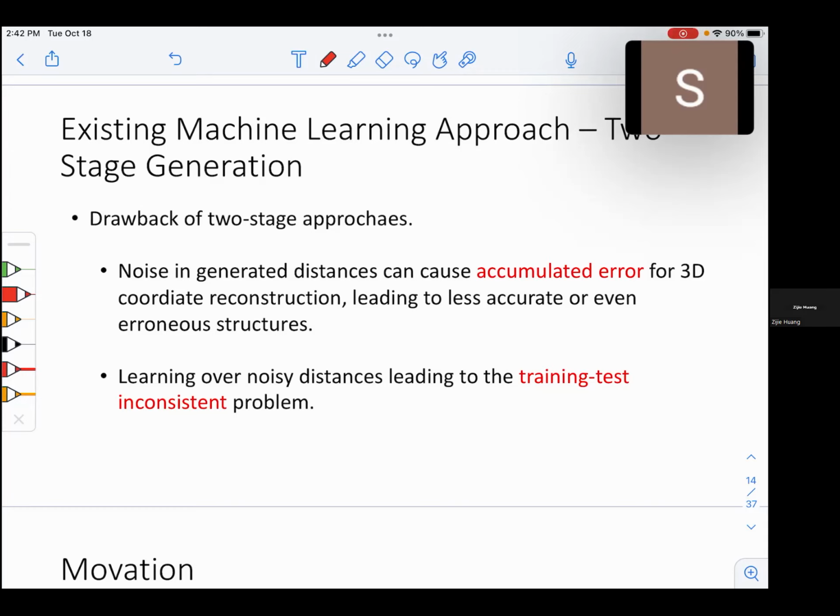But the key idea I want to summarize in these slides is basically the motivation for why these two-stage generation approaches may not be ideally suited for molecular graph generation, because separating these two stages, or even taking these intermediate variables into consideration and incorporating them in the loss function, may not directly serve the model's purpose.